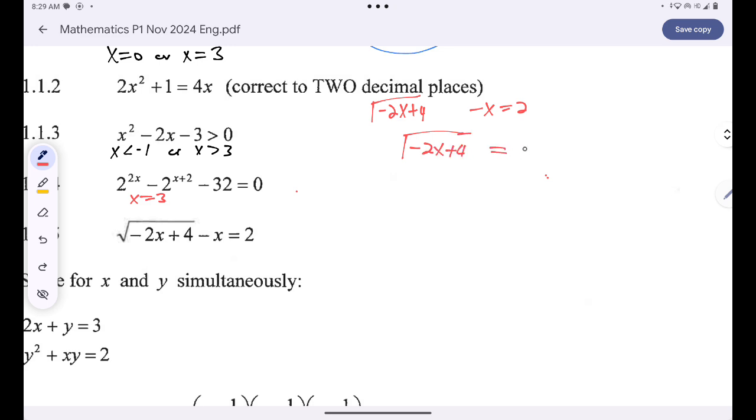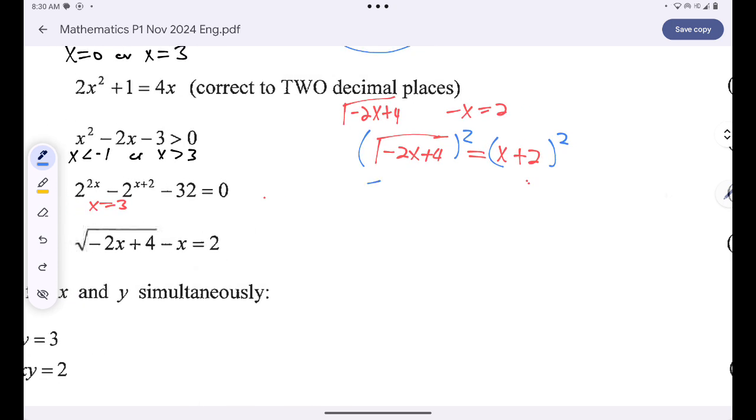On the other side, I'll simply have positive x plus 2. For me to remove the surd, guys, I just need to square both sides. Square both sides. Are you together? And then I'll simply have negative 2x plus 4 being equal to x squared plus 4x plus 4.